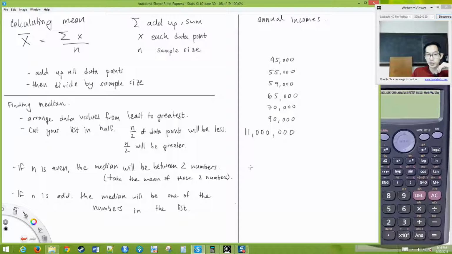Okay, so what is the mean annual income, x bar? We'll take a minute to calculate this and then find the median annual income. I've already done you a favor and arranged them from least to greatest.